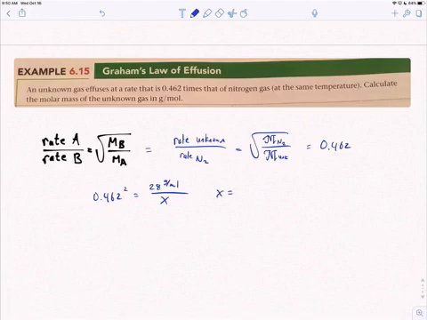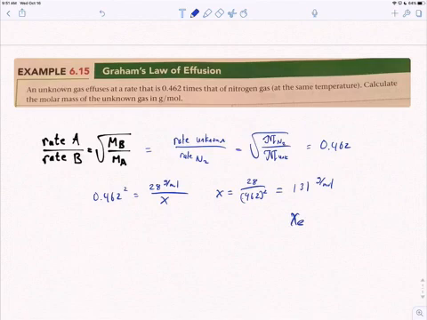And X equals 28 divided by 0.462 squared, which equals 131 grams per mole. So that means our unknown gas has a mass of 131 grams per mole, and it's probably xenon. Xenon is 131 grams per mole.